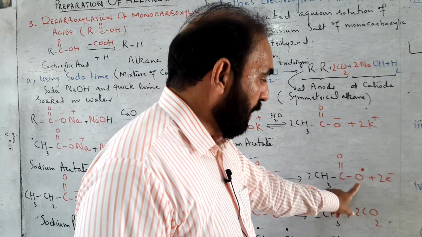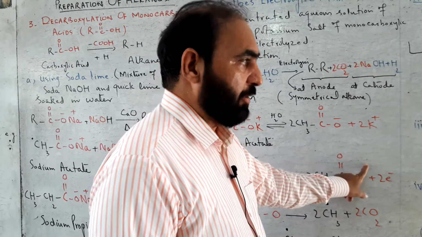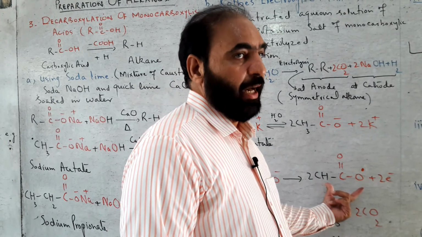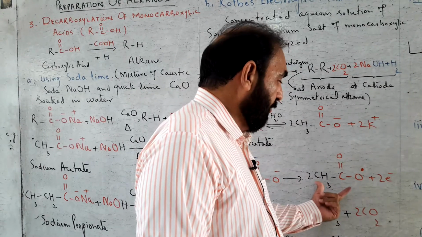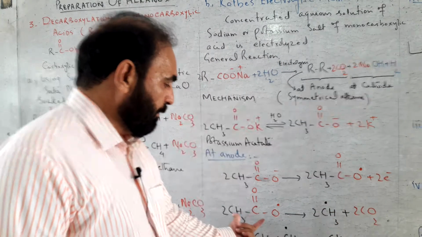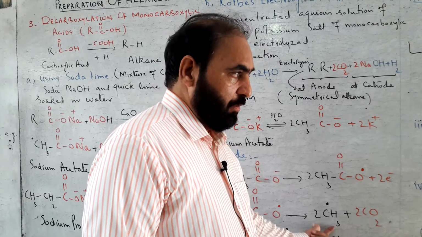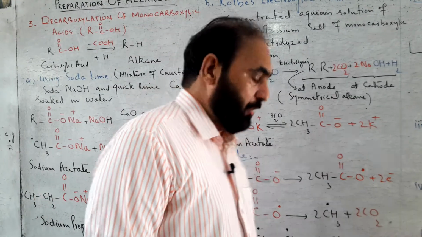The half-filled orbital of oxygen with 1 electron behaves as a free radical. This is the acetate free radical, which immediately decomposes into methyl free radical by removing 2 moles of carbon dioxide.